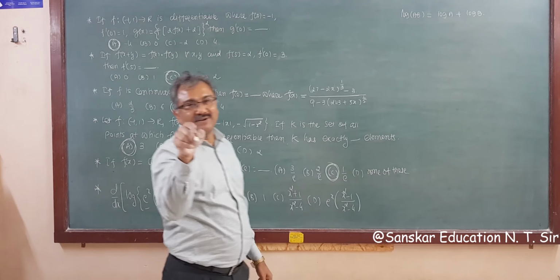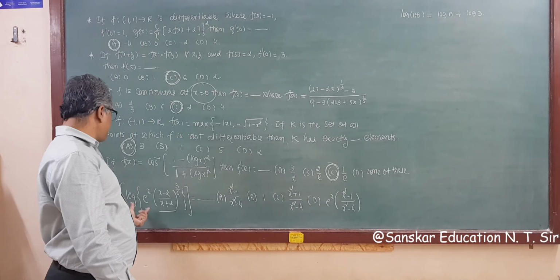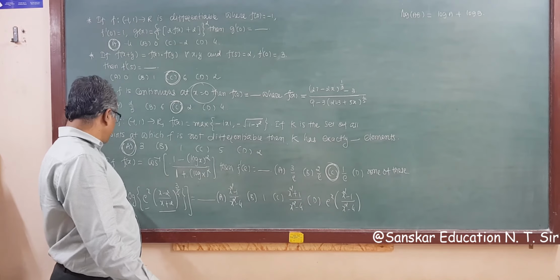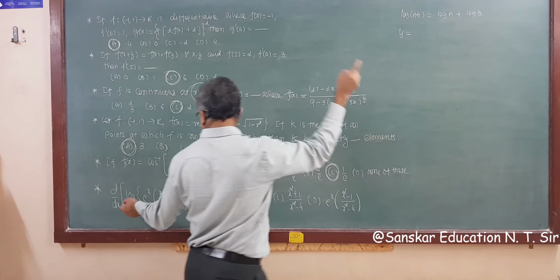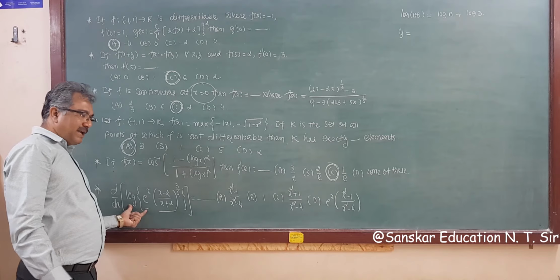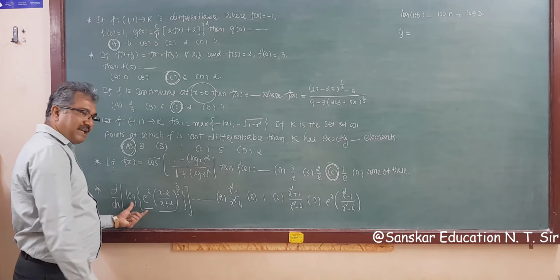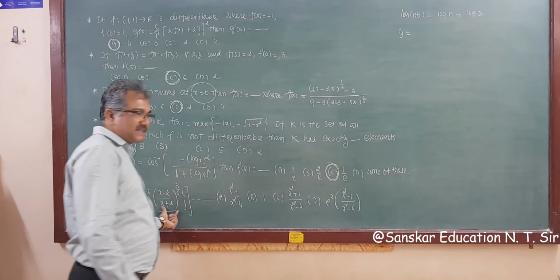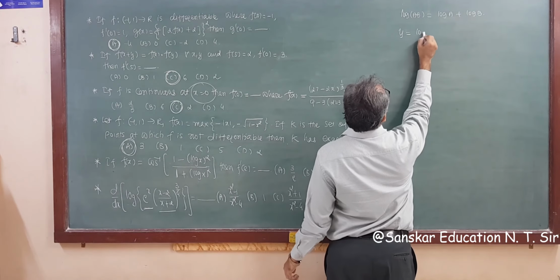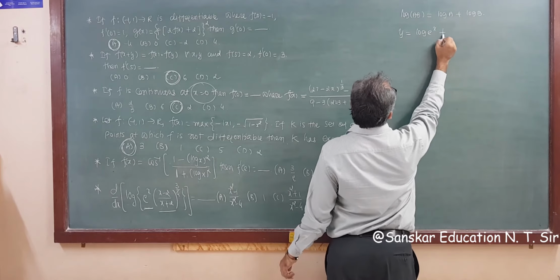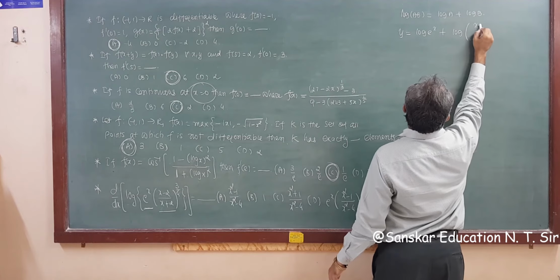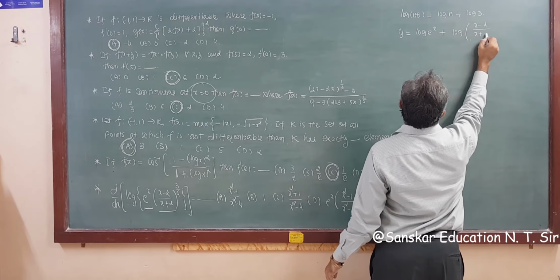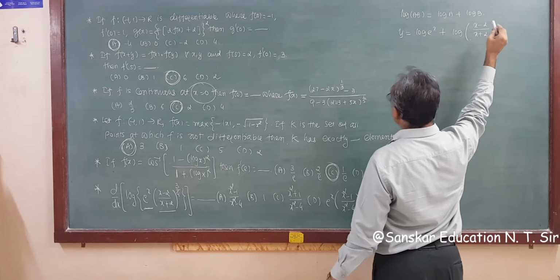So before differentiating, we must simplify this. Assuming this as y, y is equal to log e raised to x plus log of (x minus 2 upon x plus 2) whole raised to 3 by 4.